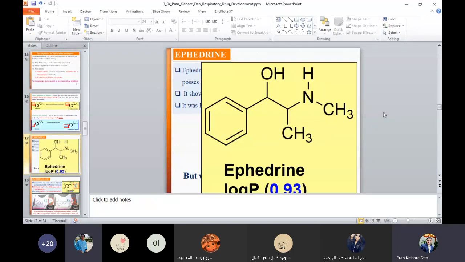It will be more active because it has a high log P. If I say less active? Activity depends on binding with the receptor or availability inside the blood. Binding to the receptor, yes.